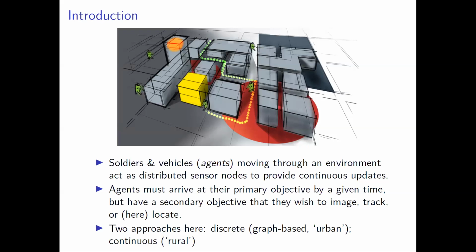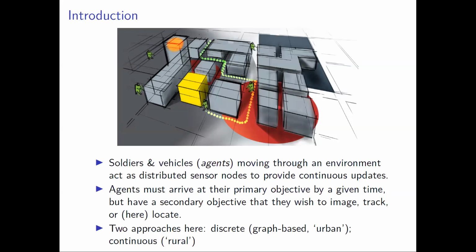You should imagine that there is a group of soldiers. Well, they're a team, and they might equally be firefighters. They might be robots. So let's just call them agents. And they're moving through some environment. I'll talk more about that in a second. And they're trying to get to a particular place together to perform what we call their primary objective.